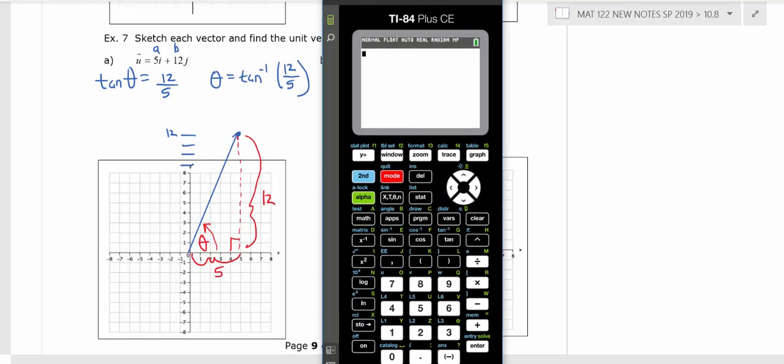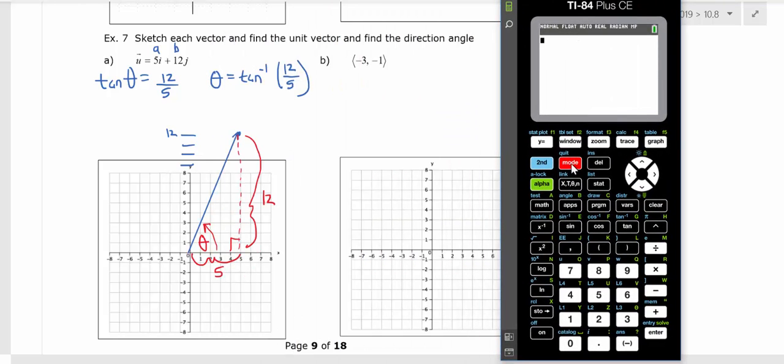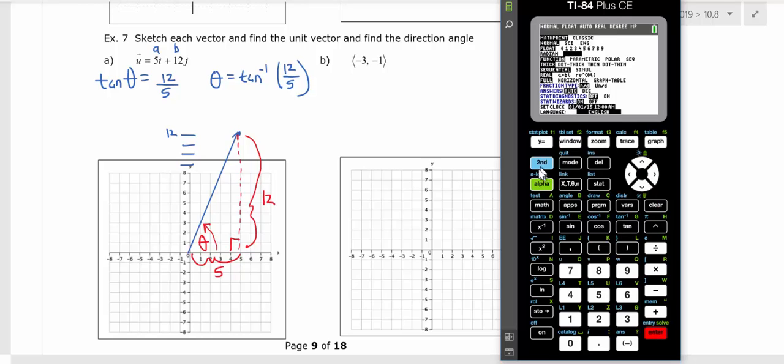All right, so let's do that. First thing you want to do is make sure your calculator is in degree mode, so press your mode button and move that over to degree mode, and then quit to get a clear screen. Then we go second tangent to open up the inverse tangent, then 12/5.